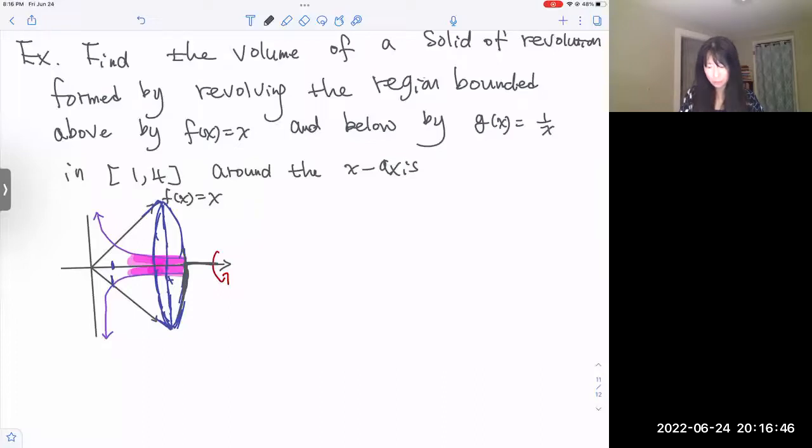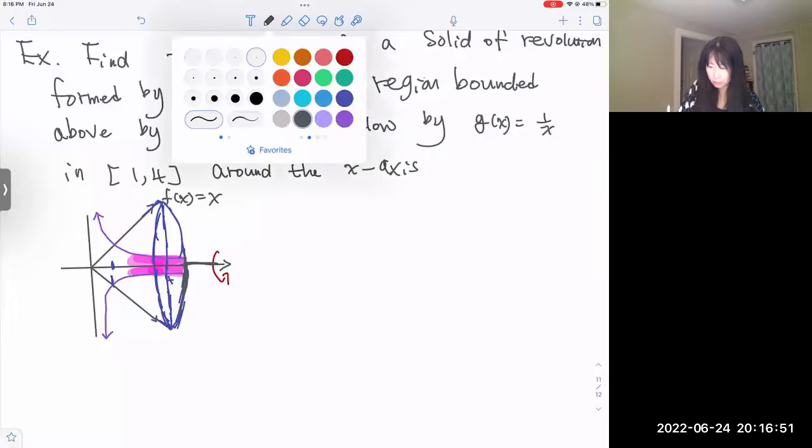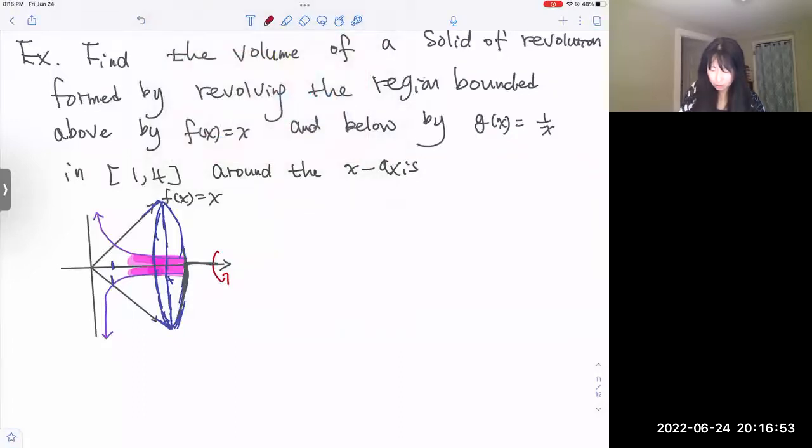Okay. So let me write down: this is outer, and this small one is inner.